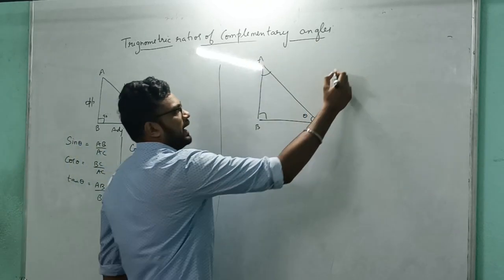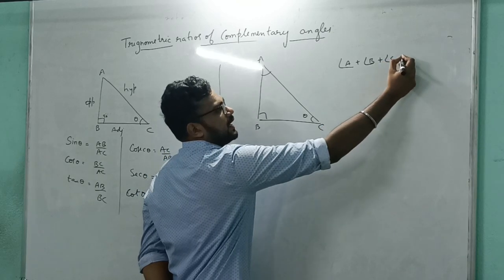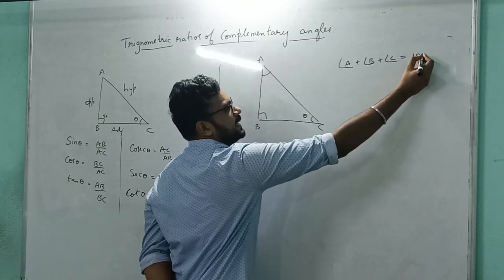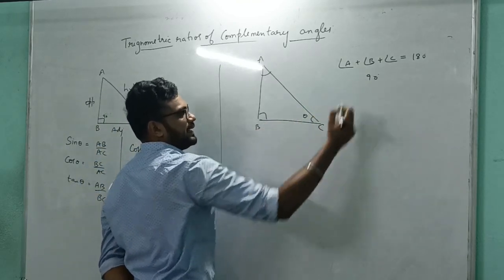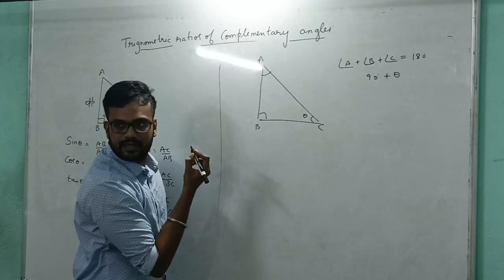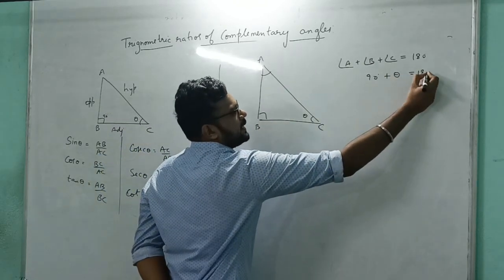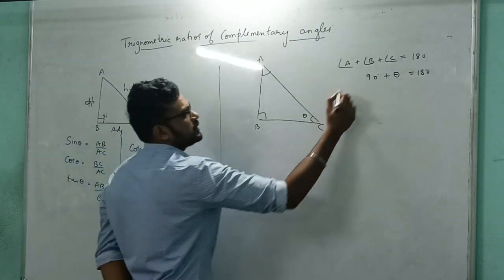That means if I add angle A, angle B and angle C, I should be getting 180 degrees. Now angle B I know, 90 degrees. Angle C is equal to theta. I need to find the value of angle A.